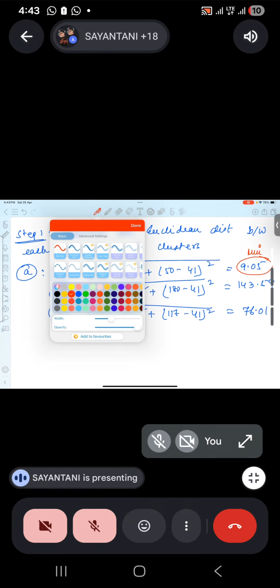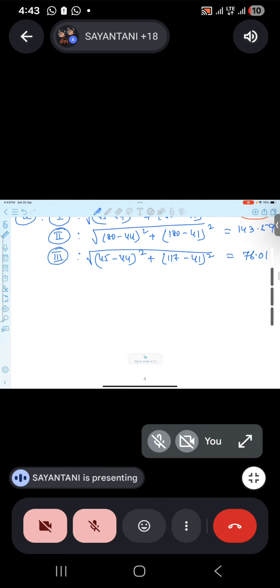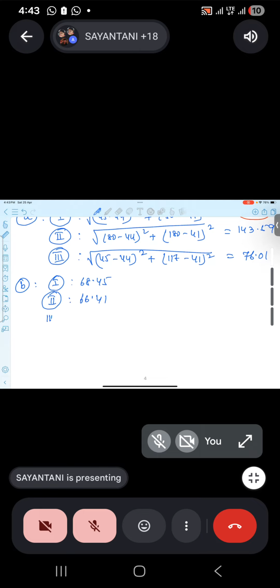Okay. You have to perform the same thing with the other data points. I'm just giving you the values. So with 1, it is going to be something like this. 2, okay. Again, this is minimum. Mark this.